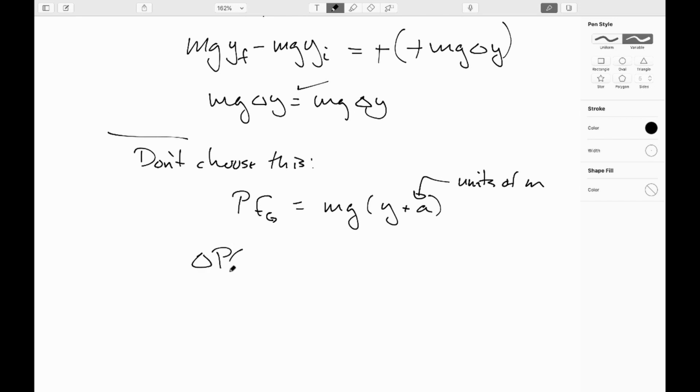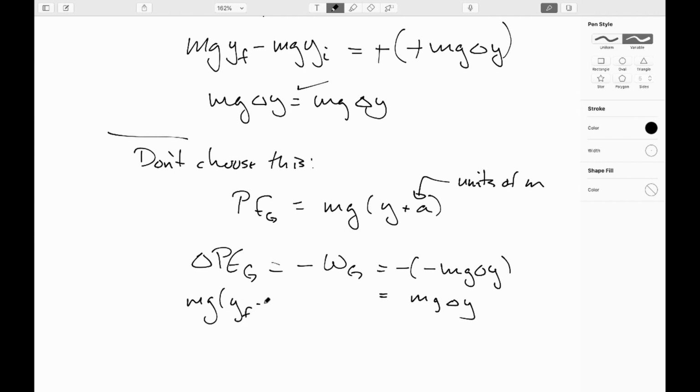If we take a look at the change in gravitational potential energy, would that be equal to the negative of the work, which would be minus minus mg delta y, which is mg delta y? Well, let's check. So this would be mg y final plus a minus mg y initial plus a.